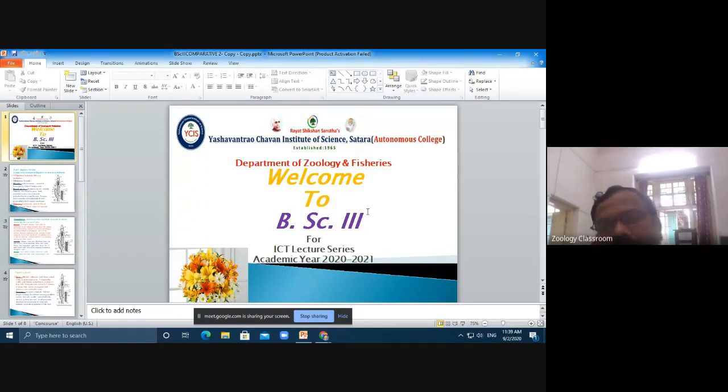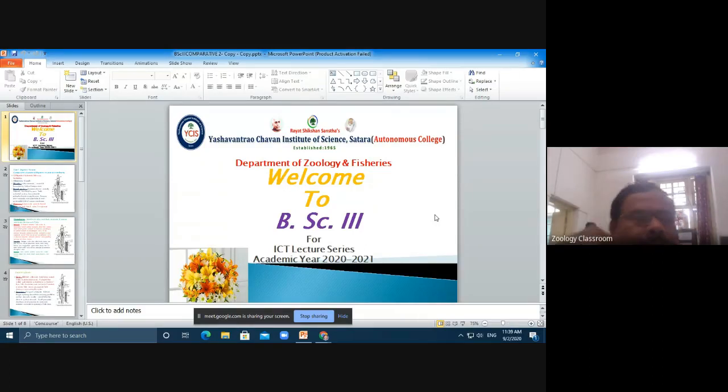In the last lecture we have seen during the development of the embryo what is the role of the mesoderm and the endoderm in the development of the gut, as well as the role of the Rathke's pouch. Endoderm and the mesoderm play important roles in the development of the entire gut, as well as the digestive glands, that is the liver and the pancreas.